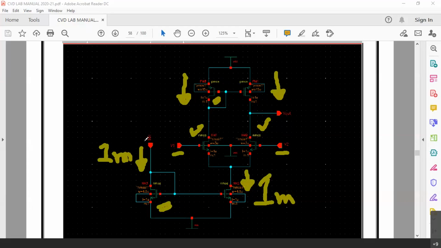So if we fix IDC here as 1 milliampere, the same current has to flow through this NMOS biasing transistor. Now as the two branches are identical, the current that can flow through the left side PMOS has to be 0.5 milliampere, and for the right side PMOS it has to be 0.5 milliampere.